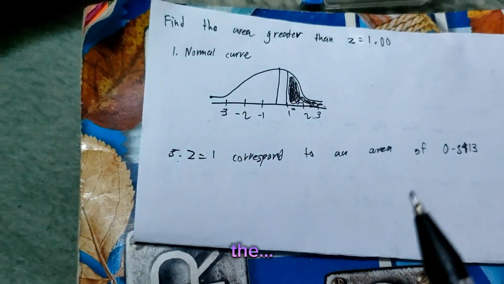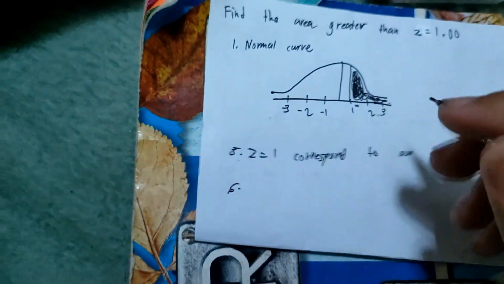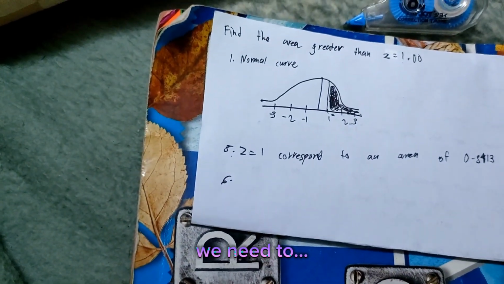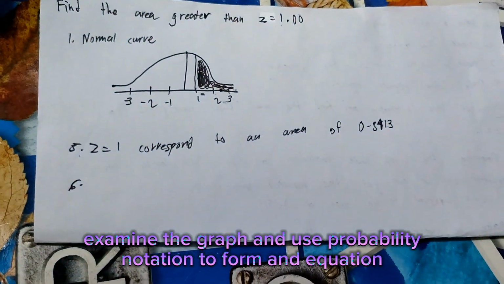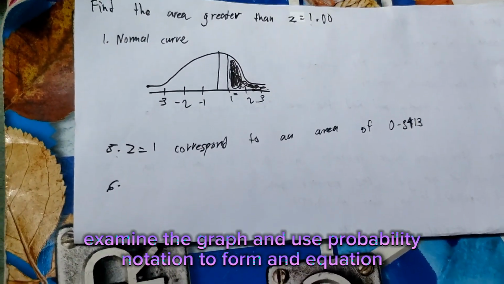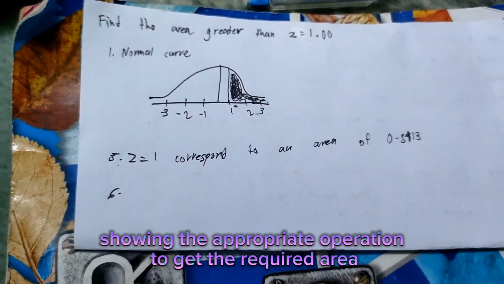So the sixth step is we need to examine the graph and use probability notation to form an equation showing the appropriate operation to get the required area.